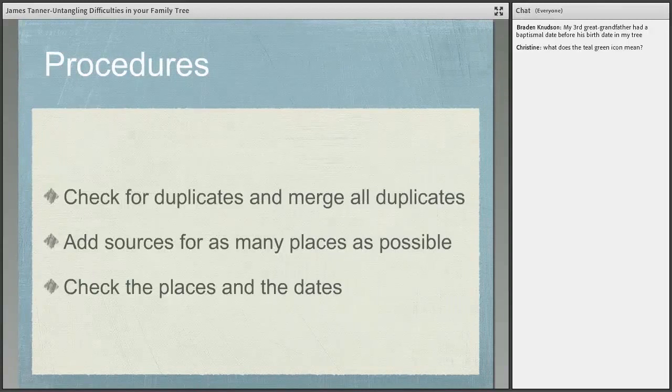Okay, so our procedures are to check for duplicates and merge all the duplicates. That would be the first thing. There's a little app program called Find a Record, which is in the FamilySearch.org app gallery, which can be found at the bottom of the FamilySearch.org startup page.